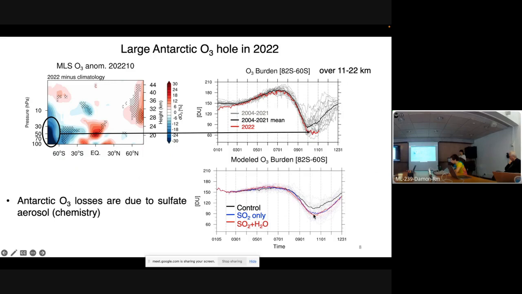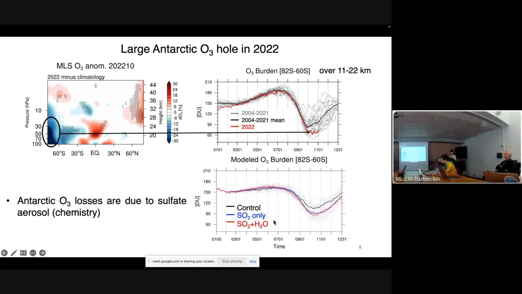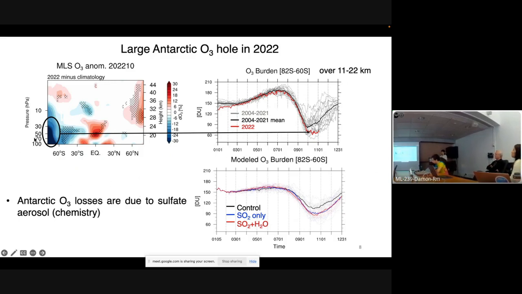But if you look at this blue curve, the SO2-only run has a similar ozone loss, which suggests that this bigger ozone hole last year is mainly due to the chemistry process rather than dynamics change or temperature change.